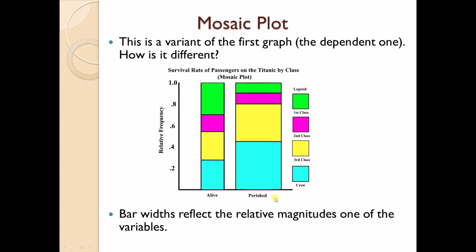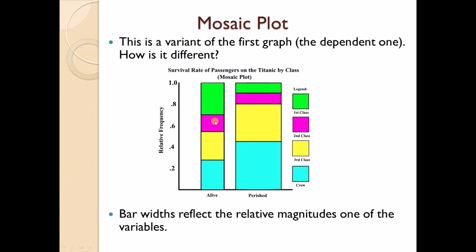So that's what the whole theory behind a Mosaic plot is. If one third of the people on the ship lived and two thirds perished, you could work the relative magnitude into this graph and make some conclusions here.